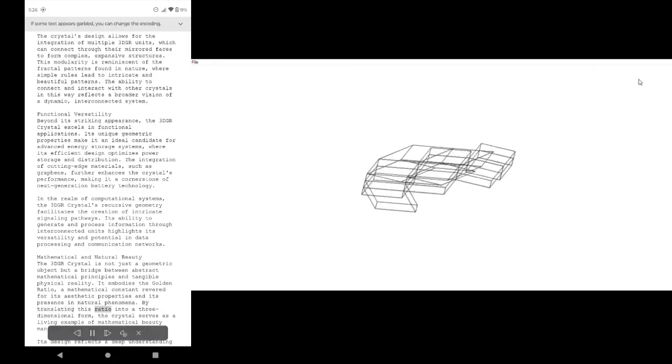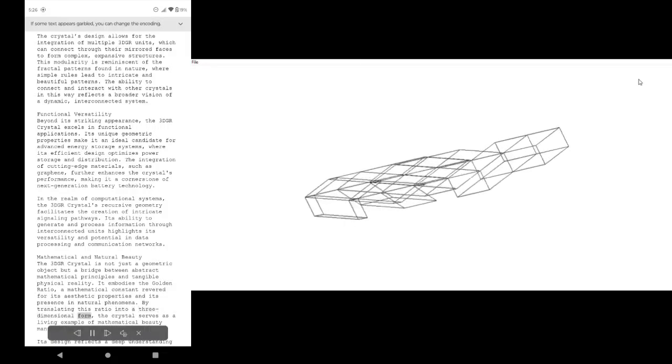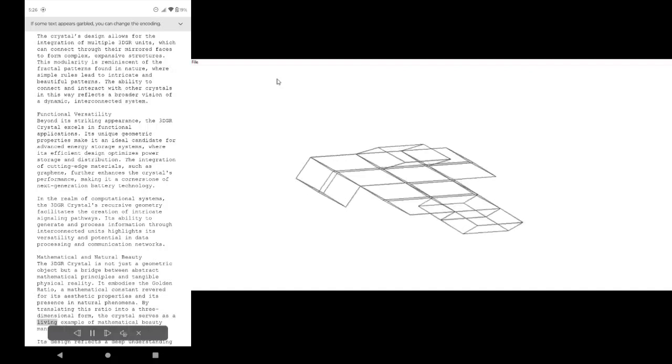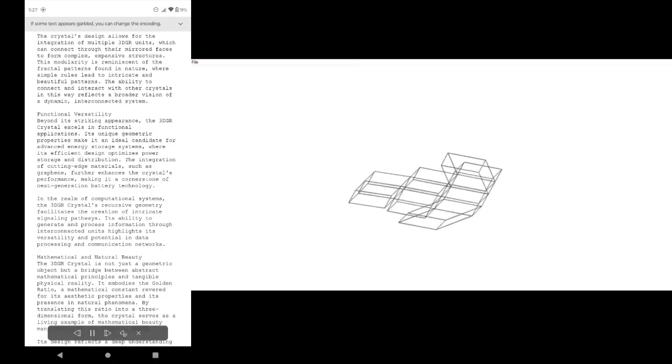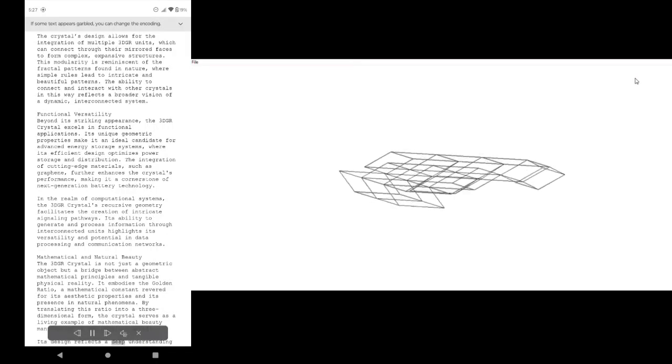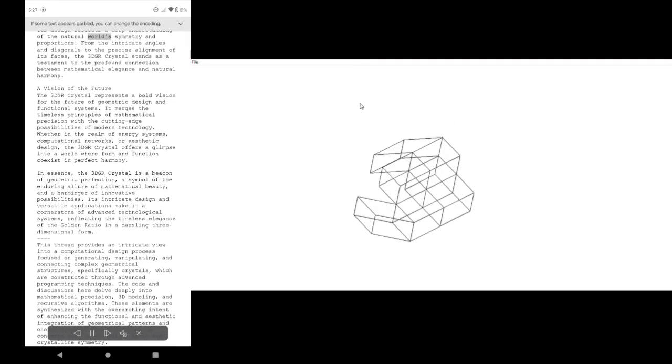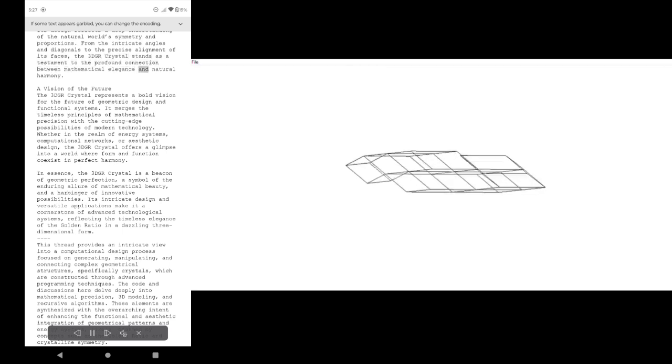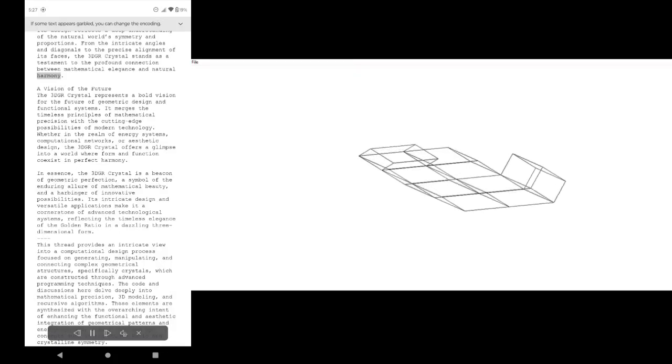By translating this ratio into a three-dimensional form, the crystal serves as a living example of mathematical beauty manifesting in the physical world. Its design reflects a deep understanding of the natural world's symmetry and proportions. From the intricate angles and diagonals to the precise alignment of its faces, the 3D-GR crystal stands as a testament to the profound connection between mathematical elegance and natural harmony.